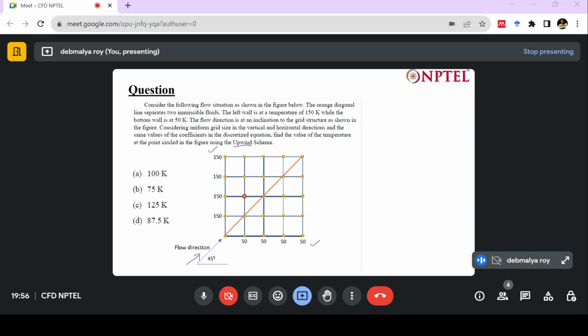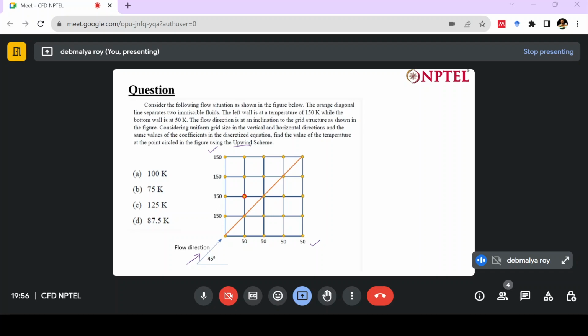That information tells us which side of a grid point is of importance. Only the upwind direction or the upflow direction points would influence anything which is downstream.